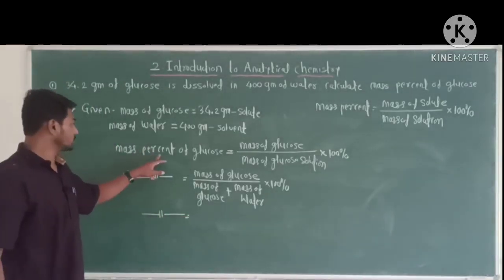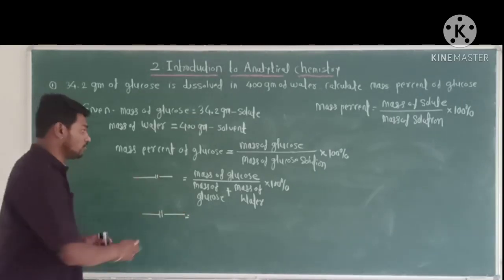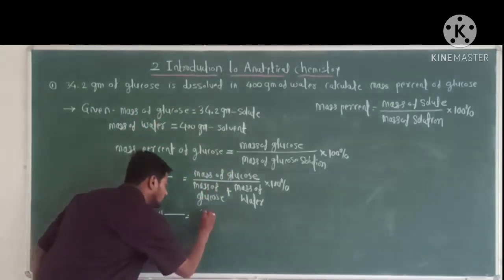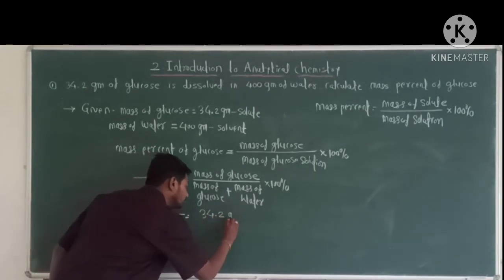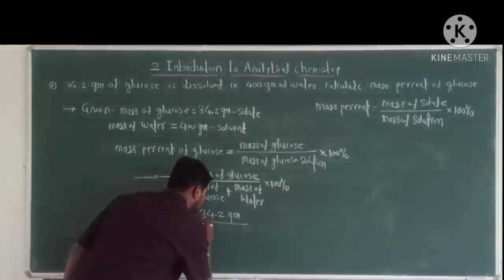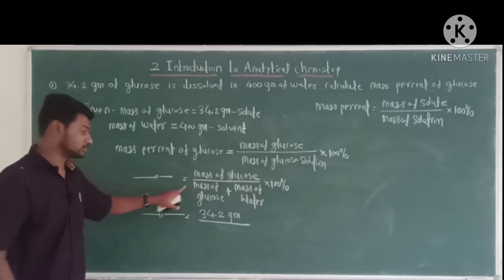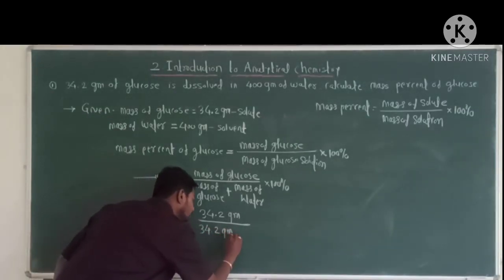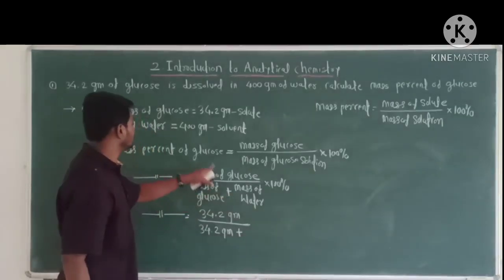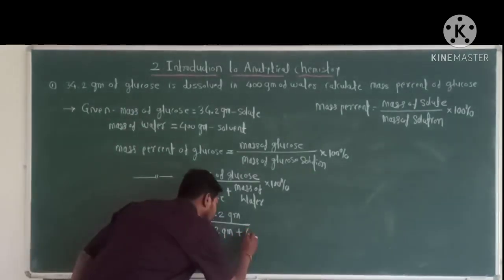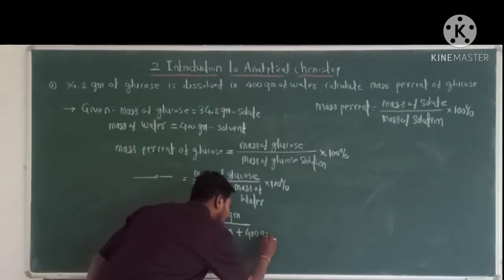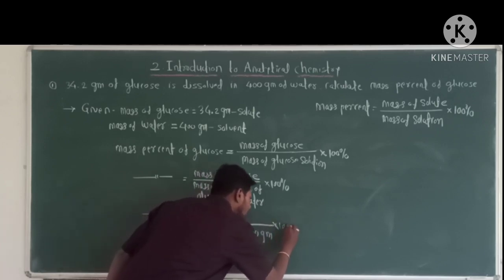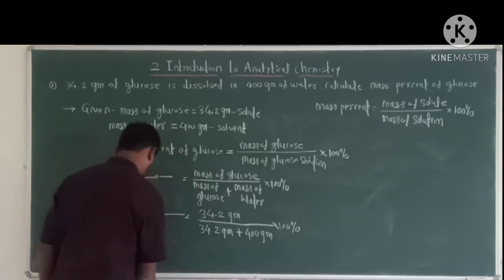The mass of glucose is 34.2 gram divided by 34.2 gram plus mass of water 400 gram into 100%.